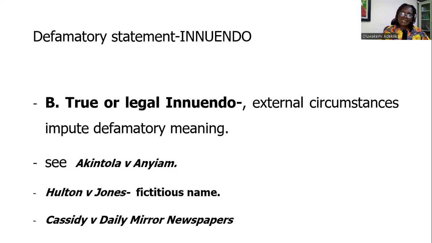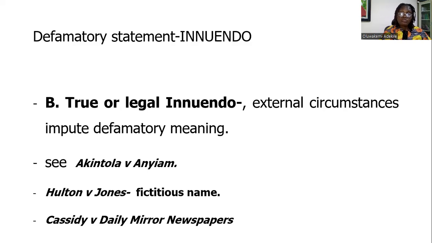In the case of Akintola and Anyam, for instance, the plaintiff, a former public official in the Old Western region, sued the defendant who had published a book of what I would call celebrities today, wherein he asserted that the plaintiff is popularly known as a public figure.